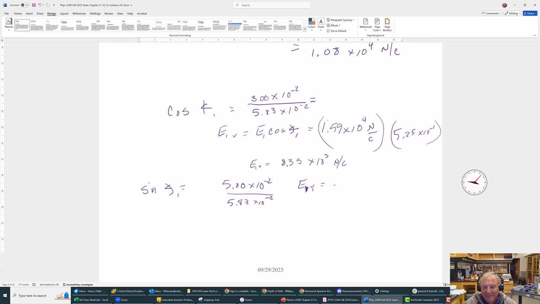equals E times sine of alpha, and 1.59 times 10 to the fourth newtons per coulomb. And then we can just jump the gun and divide 5 by 5.83.